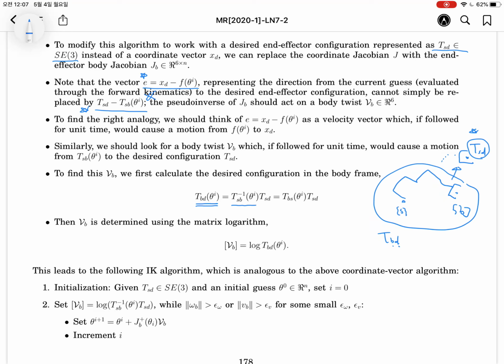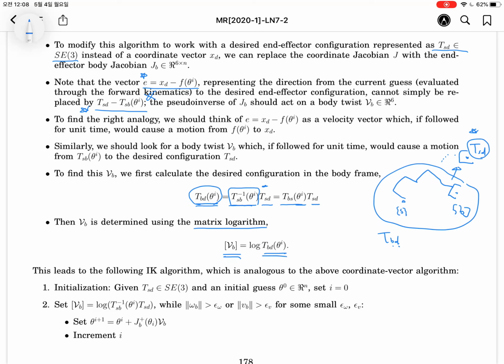Okay? This T_BD is obtained from T inverse SB and the T_SD. T_SD is specified by the user as a target. T_SB is obtained using the POE, is it right? So the inverse will be applied to obtain T_BS. T_BS times T_SD will be equal to T_BD. And then let's take the matrix logarithm.